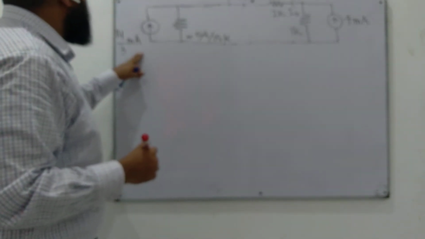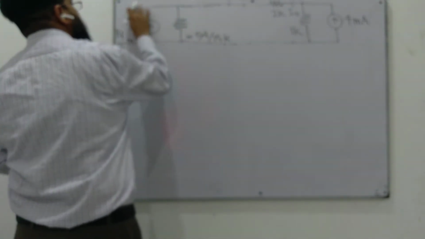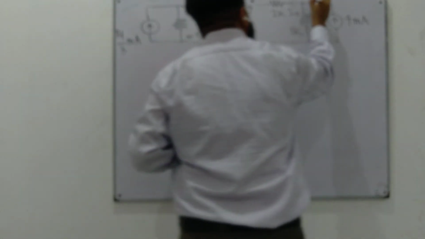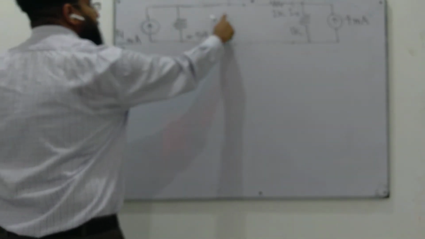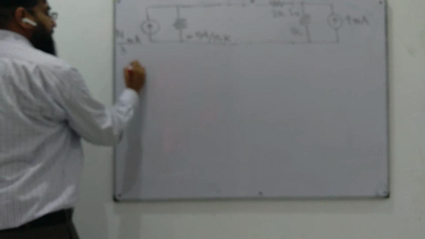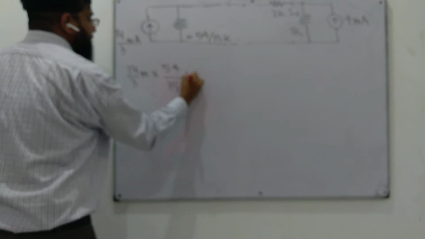So now this is a Norton's equivalent, and this is also a Norton's equivalent. So we can apply a transformation simultaneously on this side and this side to replace them with voltage sources in series with the same resistor. If we convert this Norton equivalent into a Thevenin's equivalent, we'll have a voltage source whose value is 14 by 3 milliampere times 54 over 15K.